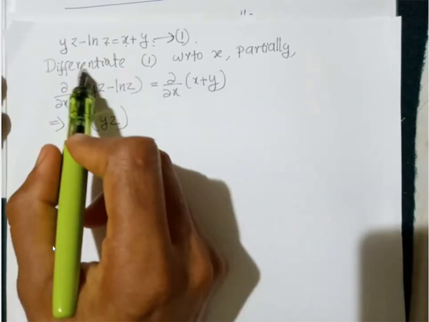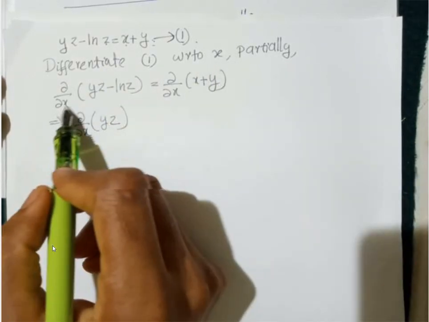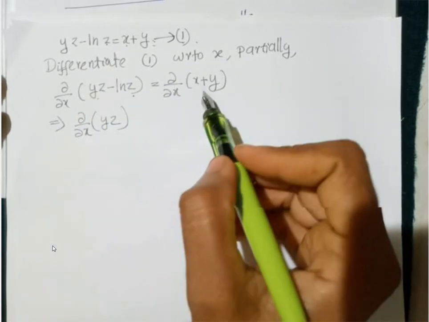Differentiate the whole equation with respect to x partially. ∂/∂x of (yz − log z) equals ∂/∂x of (x + y). So ∂/∂x of yz minus ∂/∂x of log z equals ∂/∂x of x plus ∂/∂x of y.